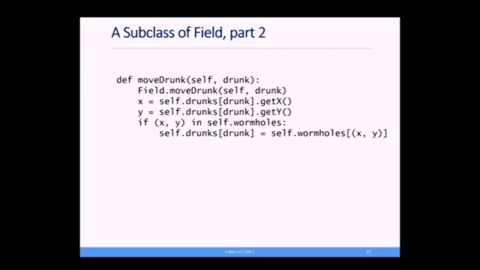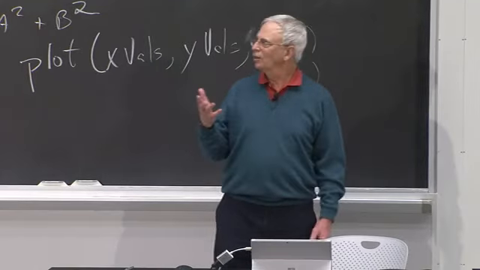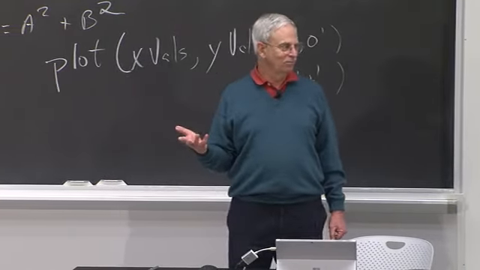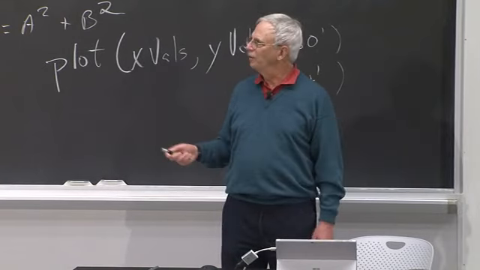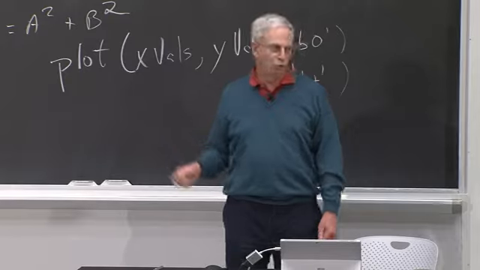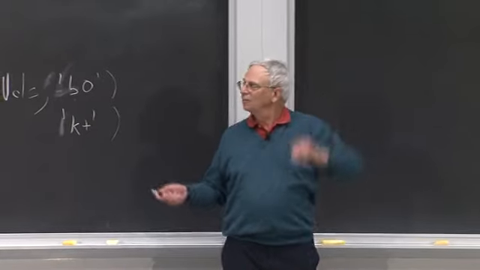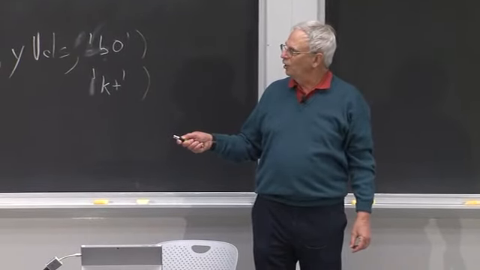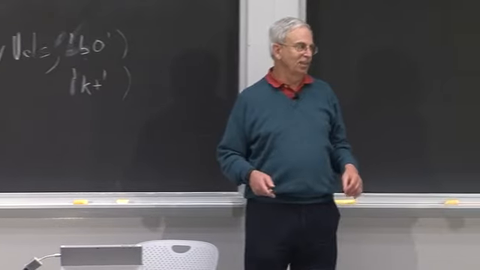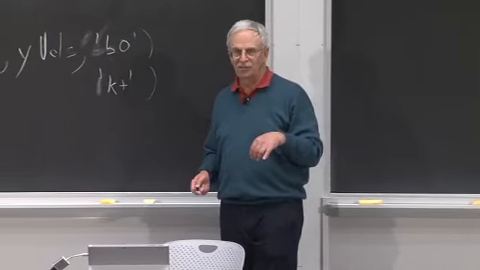So field.move drunk will take a self and a drunk. It's going to get the x value, the y value, and if that is in the wormholes, it's going to move the drunk to the location associated with that wormhole. So we move a drunk, and if the drunk ends up being in the wormhole, he gets transported. So we're using field.move drunk. Notice that we're using the move drunk of the superclass. Even though we're overriding it here, because we've overridden it here, I have to say field dot to indicate I want the one from the superclass, not the subclass.